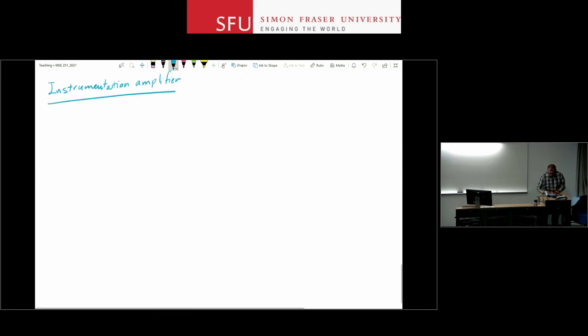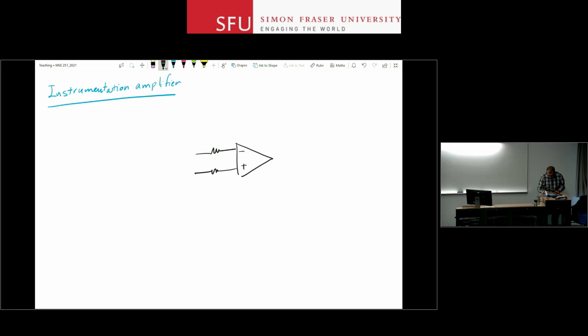So what I do is I make my difference amplifier. This is the block that does the subtraction of the two signals for me. I need that. So let's say this is V1 and this is V2.